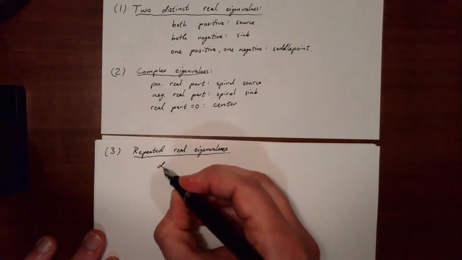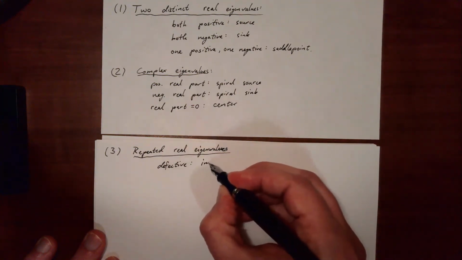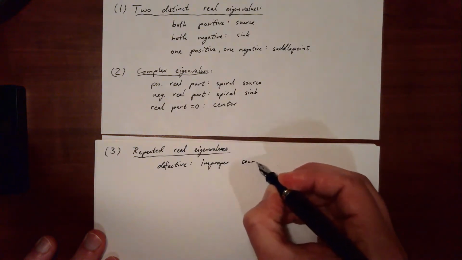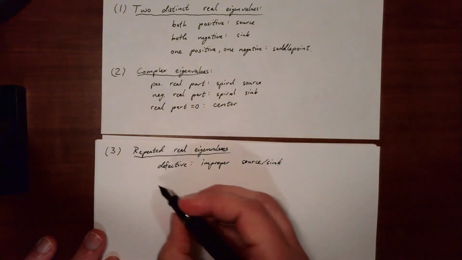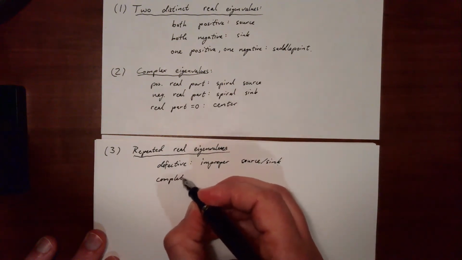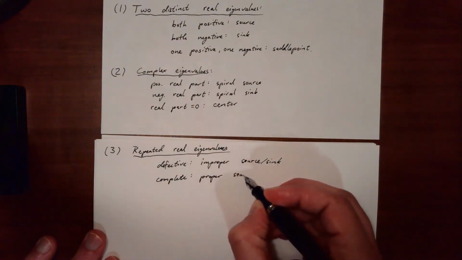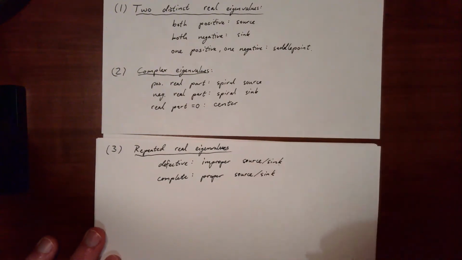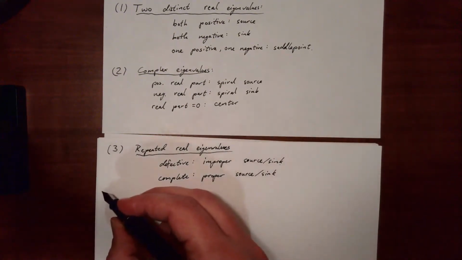If it was defective, we have an improper source or sink. And if it was complete, a proper source or sink. Okay, so that's pretty much what we have as far as our possibilities.